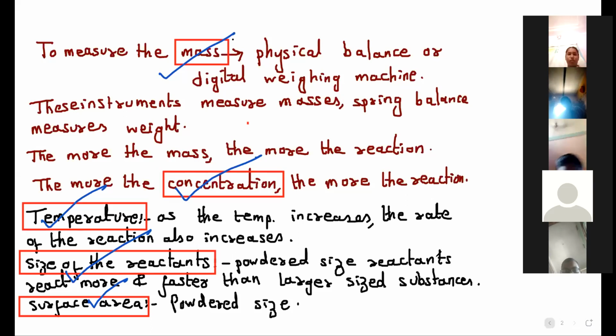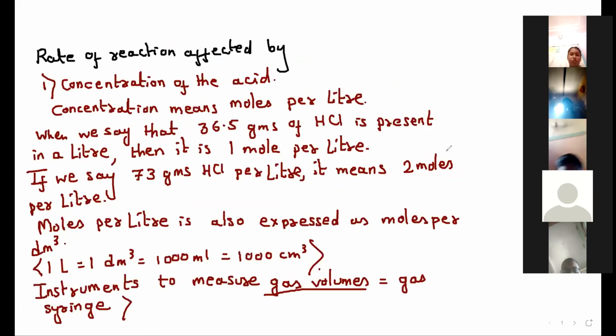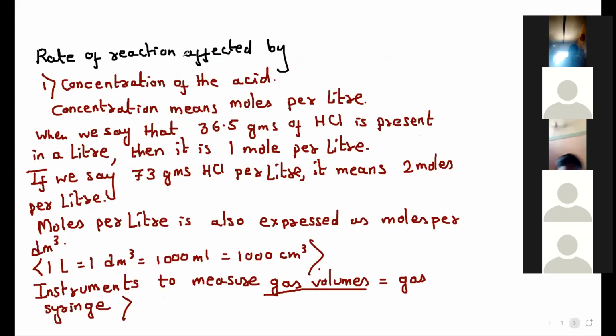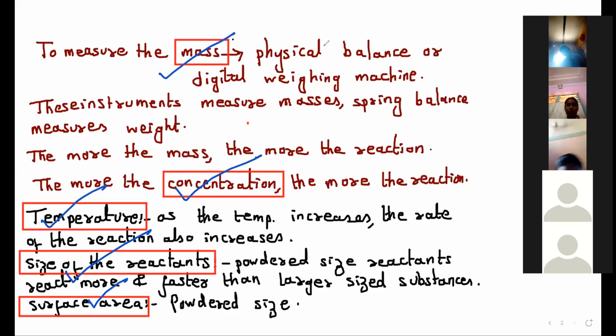The rate of the reaction is affected by concentration. You can measure the gas volume by means of a syringe, and for mass you need the physical balance or digital weighing machine. The more mass you mix with water, the more concentrated it becomes. Temperature you can measure with a thermometer. Size of the reactants depends upon how you make it in powder form.